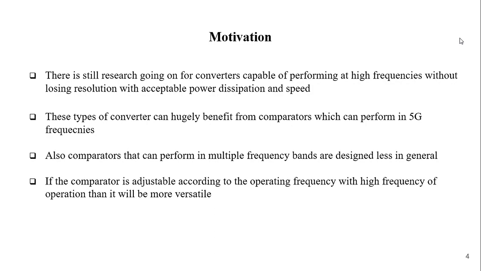So we have decided to take up a project which performs decently at high gigahertz frequency levels, and also the comparators should be able to perform at 5G frequencies, the mobile 5G frequencies. So this was the motivation for our project.